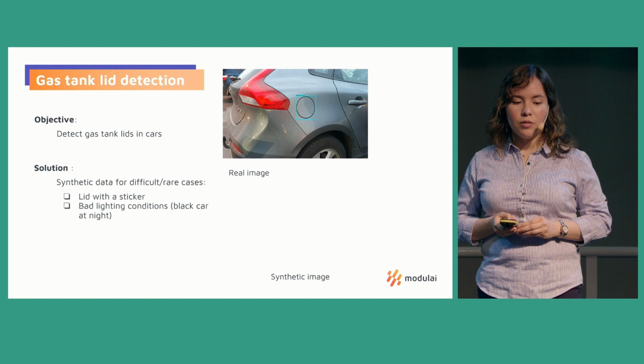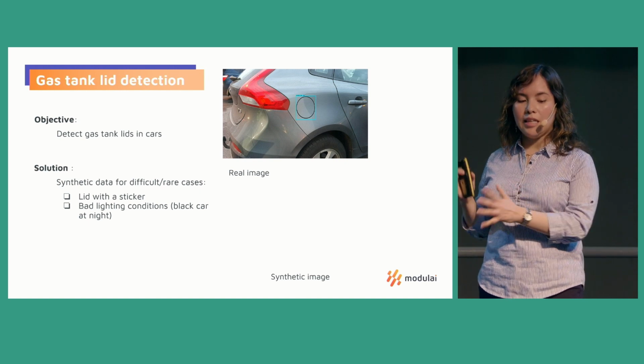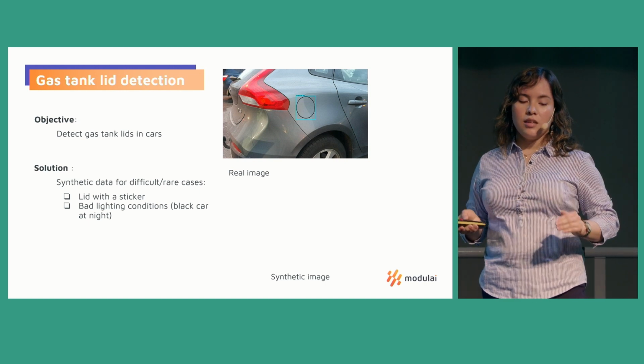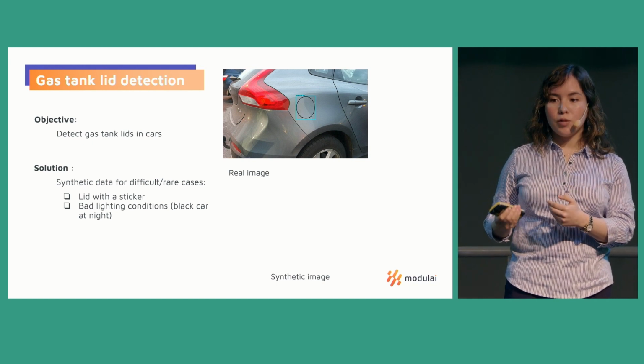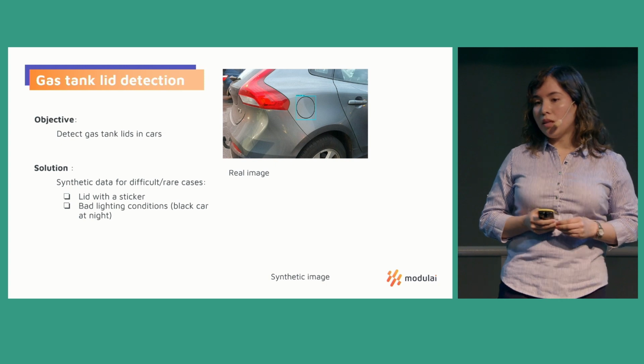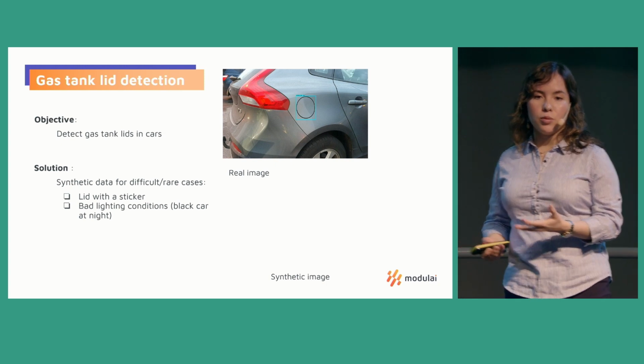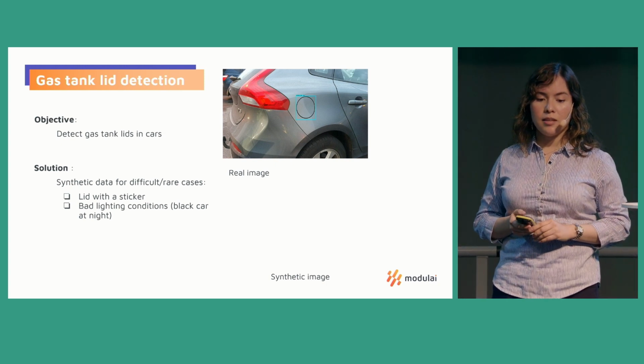For example, when the lid had a sticker on it, and when the lighting was reflecting a lot from the car, it was very difficult for the model to perform in these rare cases.